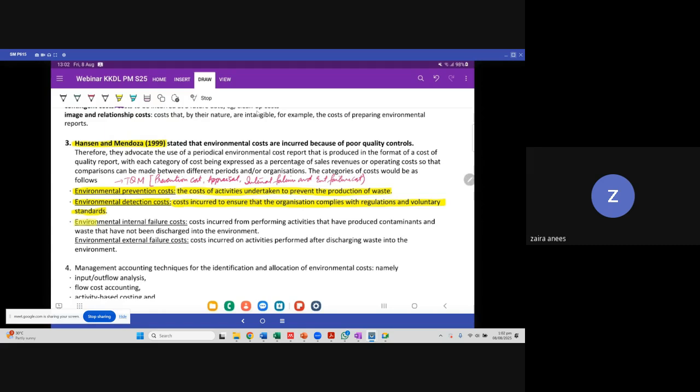Then environmental internal failure cost. Now what is this? Let's suppose you produce a wastage, you produce some polluted chemical, you produce some polluted water or maybe some chemical which has a poisonous thing or something which is dangerous for the environment. So if you have produced some wastage, you have to neutralize it.